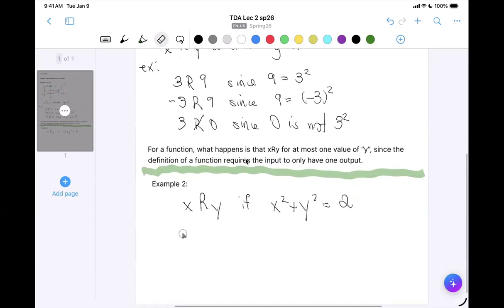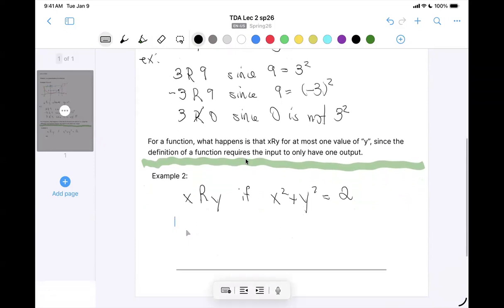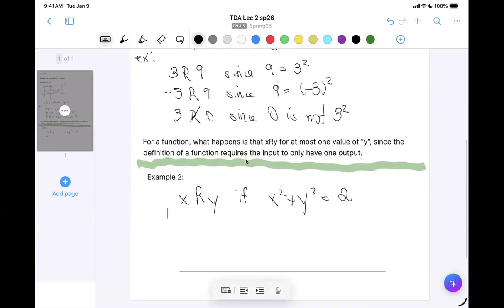So here are some things that happen. You could say, for example, that 1 is related to 1, since 1 squared plus 1 squared equals 2.